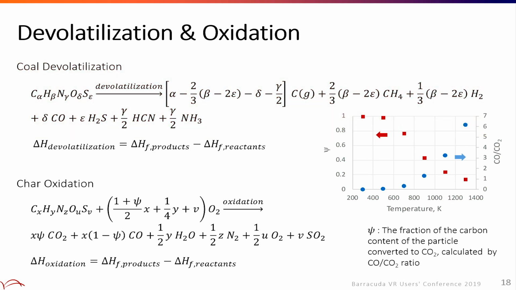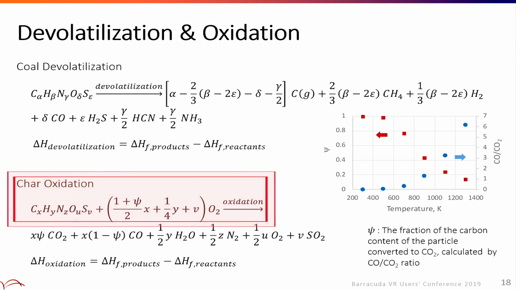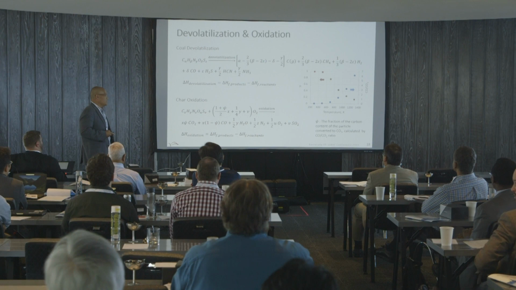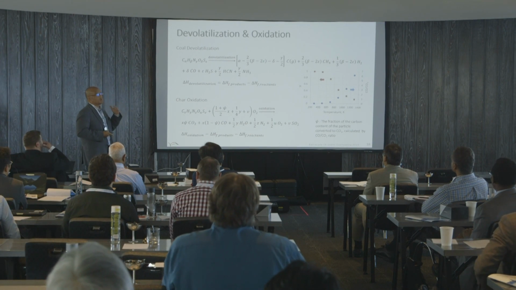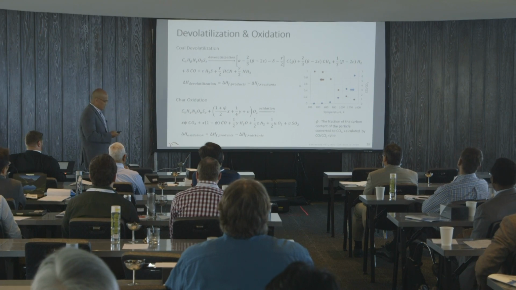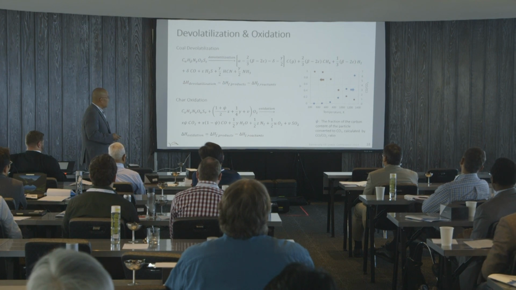And char oxidation, we changed it a little bit as well. Now you have CHNOS, and also we use a CO/CO2 ratio you can find from the literature. Because as you increase the temperature, there is more CO formation than CO2 formation. So we want to capture that behavior. So we use the CO/CO2 ratio as a degree of reaction.